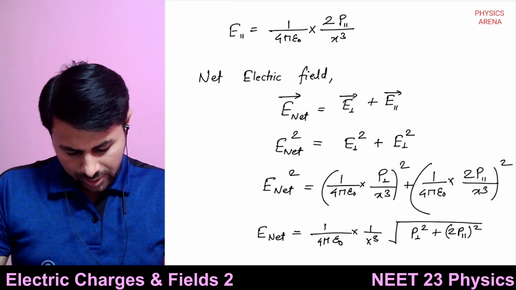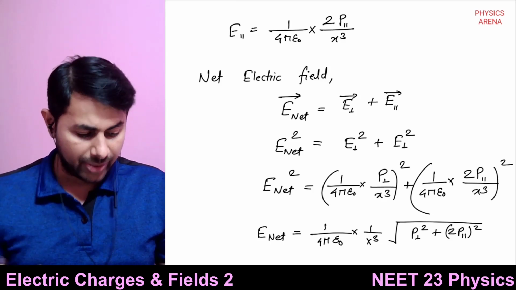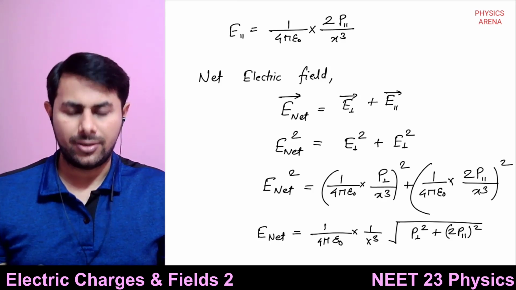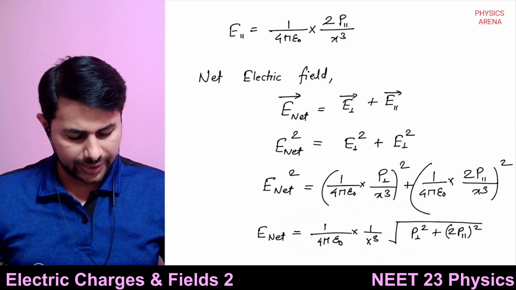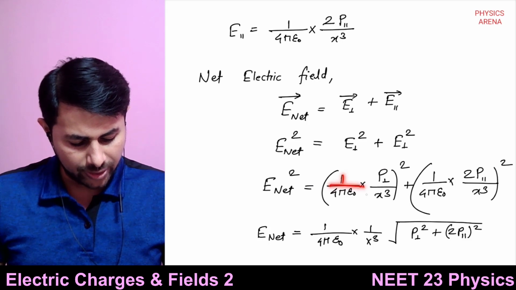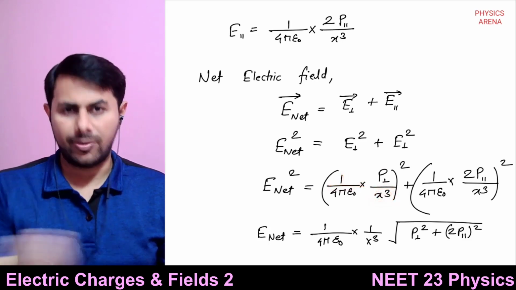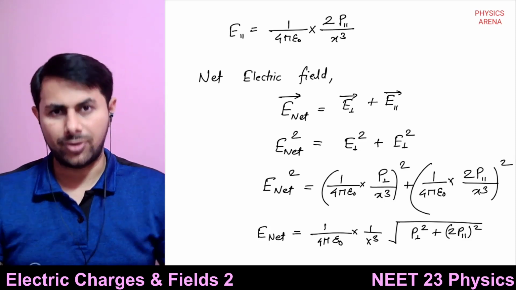Okay. So see, then how much is P perpendicular and P parallel? What I have done in this step, I have just taken square root of this right hand side and taken 1 upon 4 pi epsilon naught upon x cube common from these two. So we have square of that and square root of that.